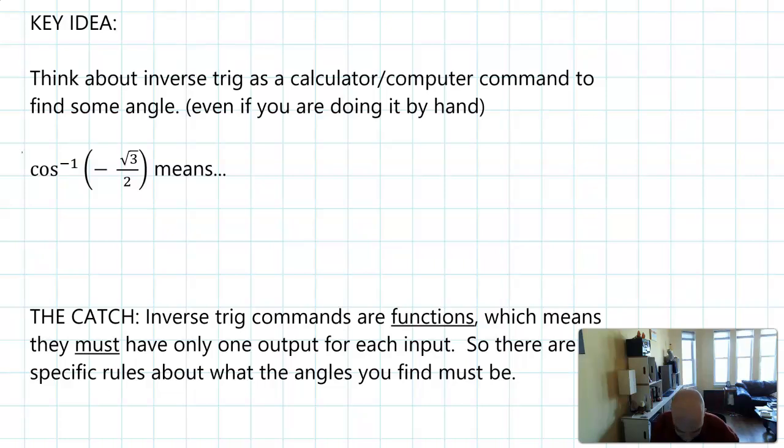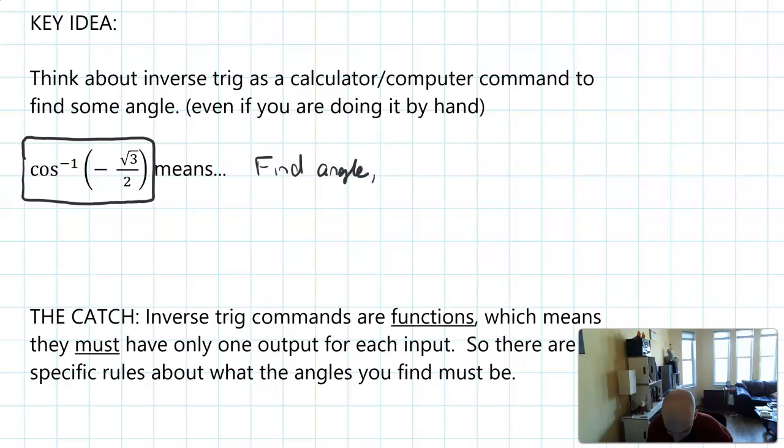So when you see cosine inverse of -√3/2, what this means is that you are being asked to find some angle, which we'll call theta, so that the cosine of theta would equal whatever's on the inside, in this case, -√3/2. So you can turn an inverse trig statement into a regular trig statement with a missing angle, and that's usually a productive way to solve it.